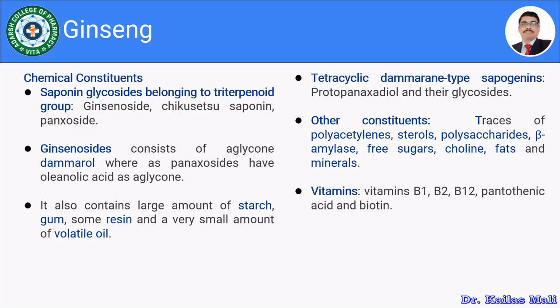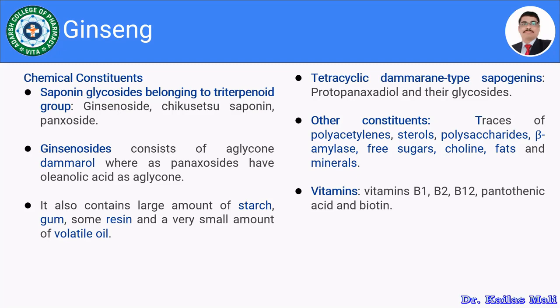The ginsenosides consist of dammarol as the aglycone, whereas the panaxosides have oleanolic acid as the aglycone group. Furthermore, it comprises starch, gum, resin, and a small amount of colloidal oil.